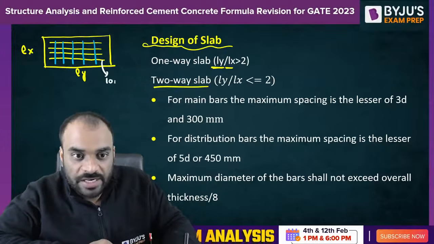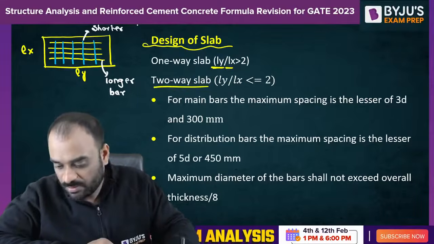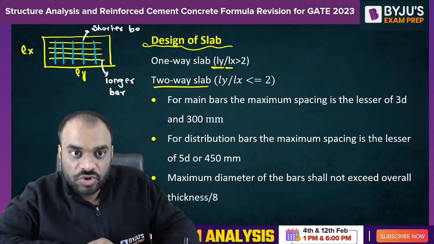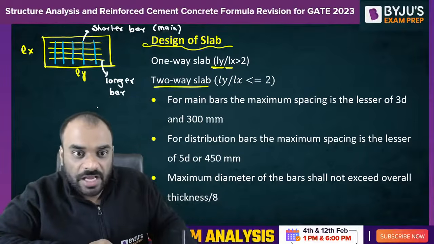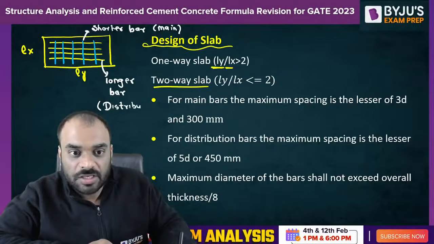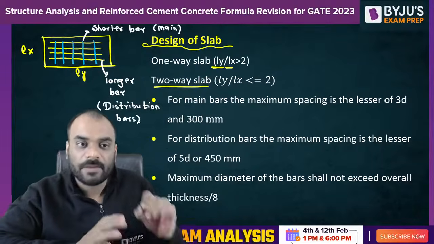Shorter one. Very nice. Shorter bars are main reinforcement, right? And longer bars are distribution bars in case of one way slab. Getting a point?